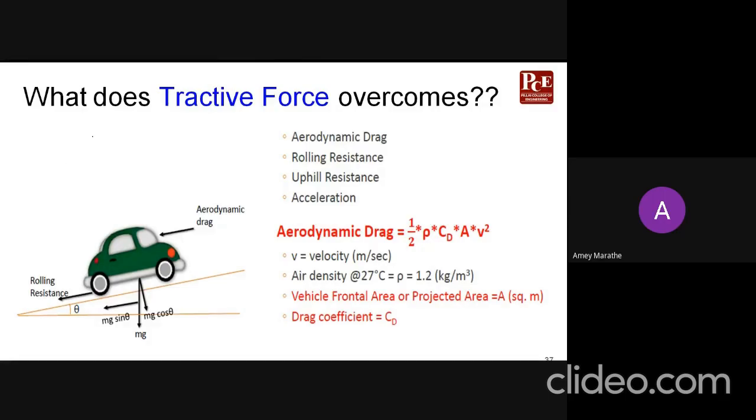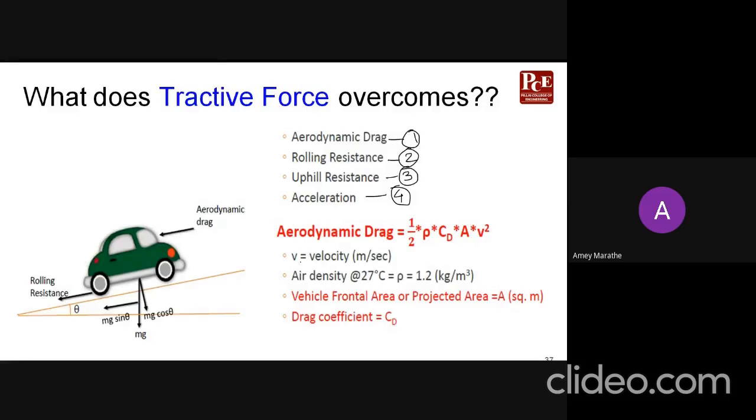What does a tractive force overcome? Basically, when I say tractive force, my tractive force is made up of these four components: aerodynamic drag, rolling resistance, gradient resistance, and my acceleration.